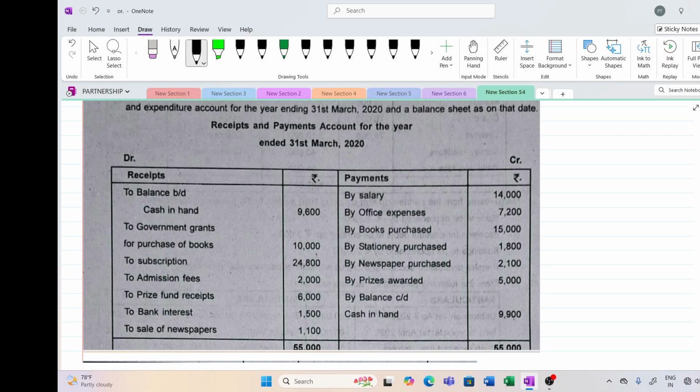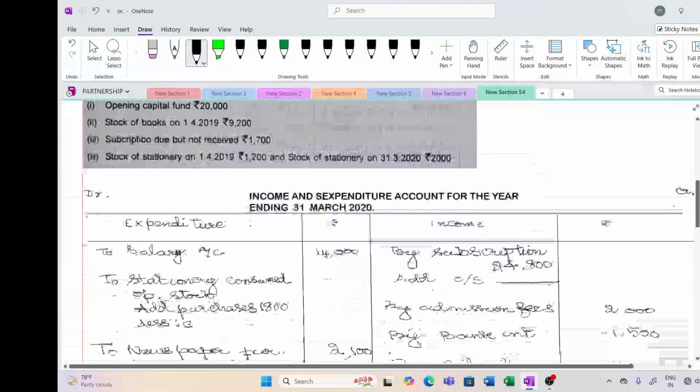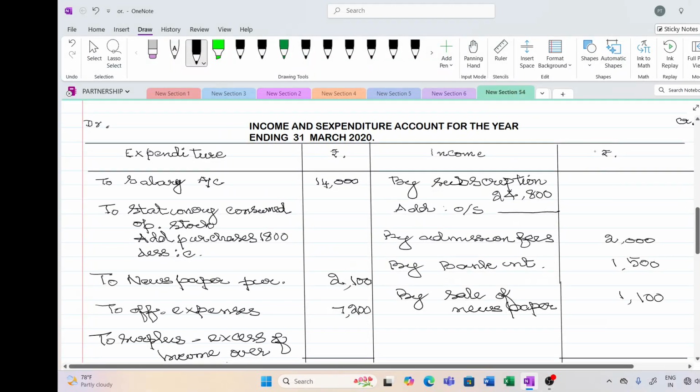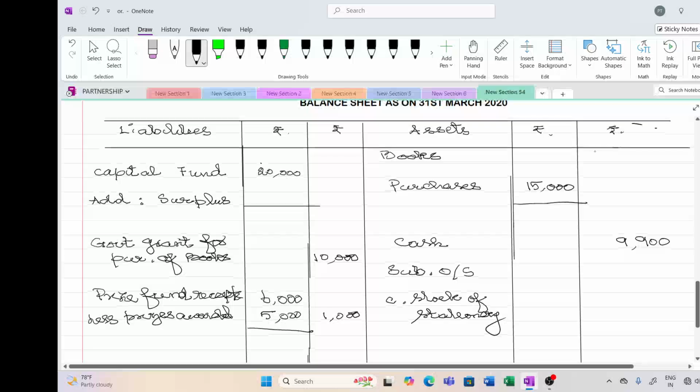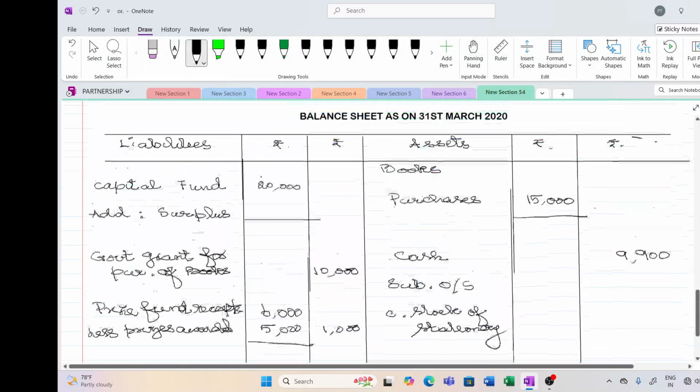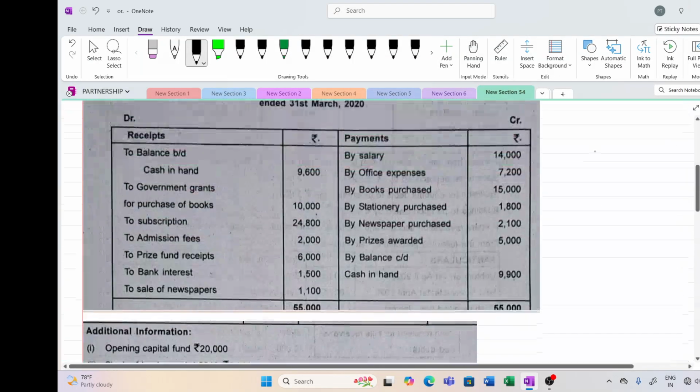You should not be in a hurry to close your income and expenditure account. First, open both the accounts. Open your income and expenditure account, and I have already filled something for time saving. You can see I have opened both income and expenditure account and the balance sheet, but I have not closed them.